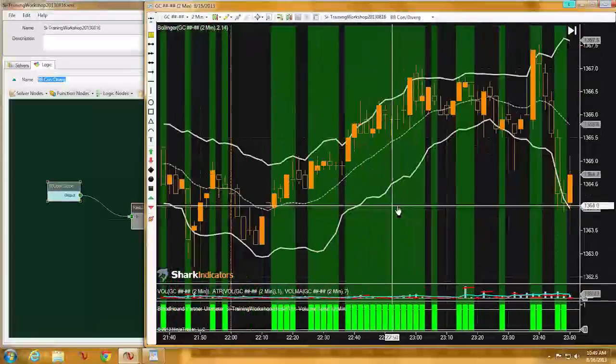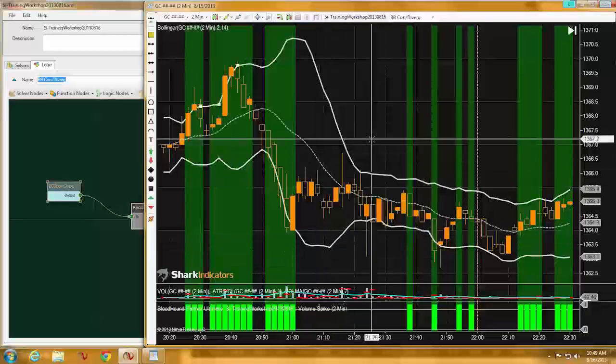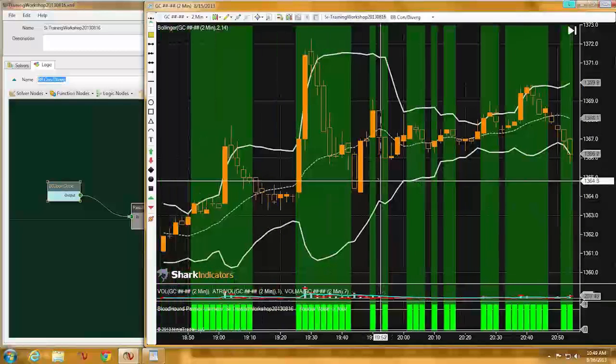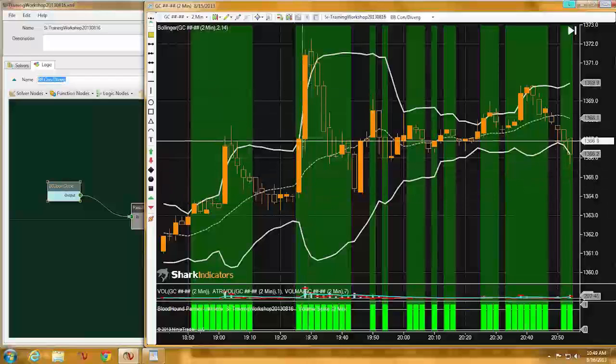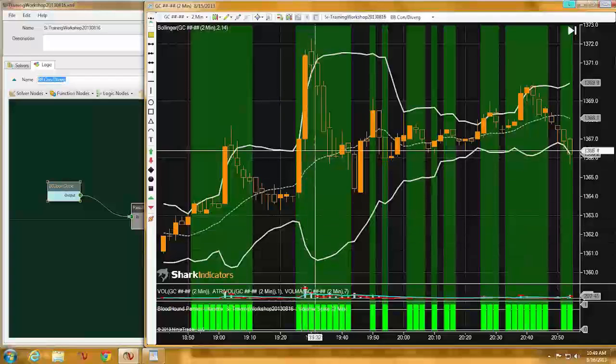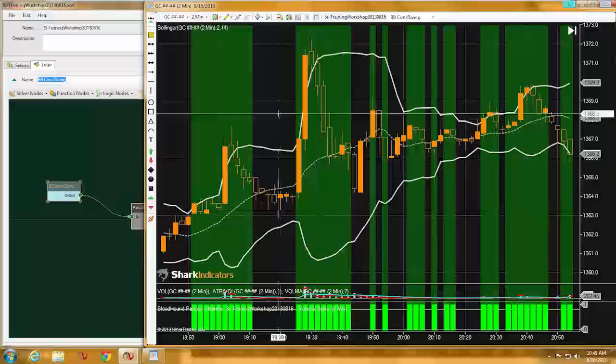But if we look here on the chart, so here we go. In this case, price is going up, and we have this divergence. This divergence doesn't tell you if you're going up or down, just that the bands are widening.